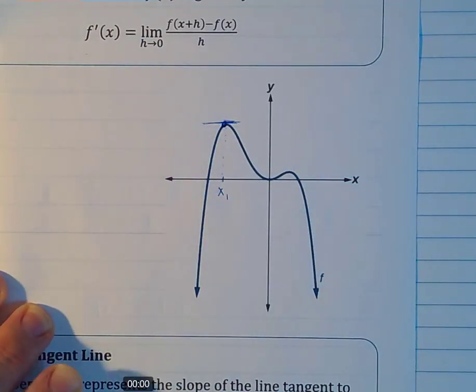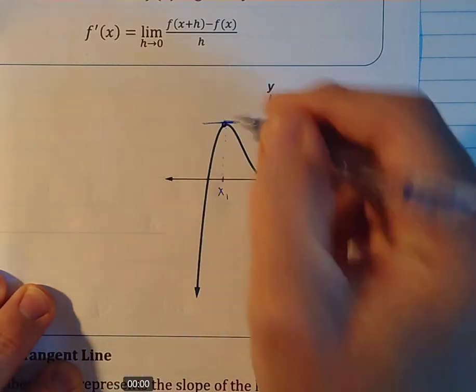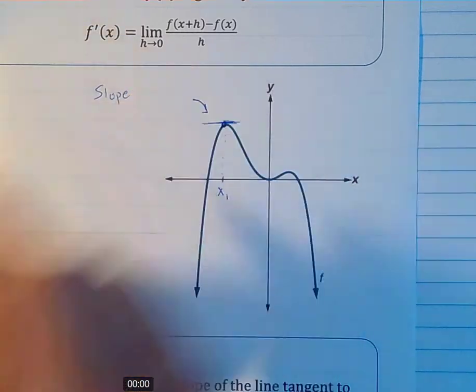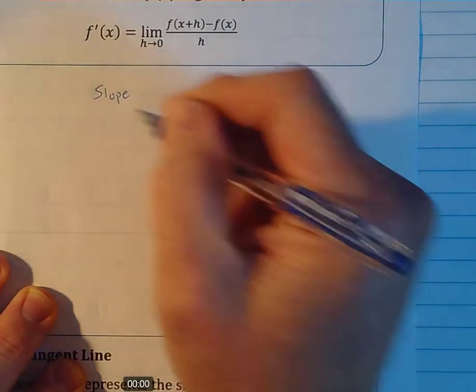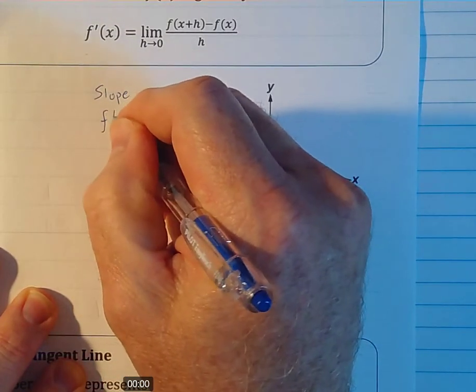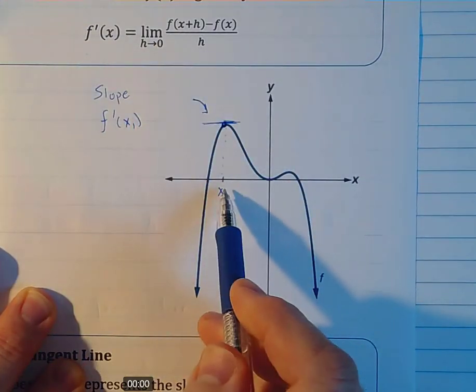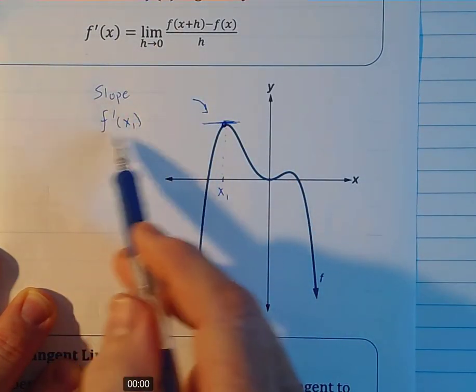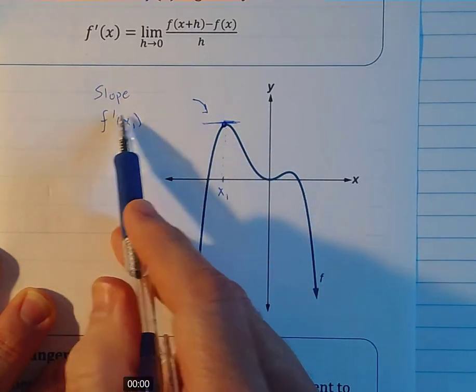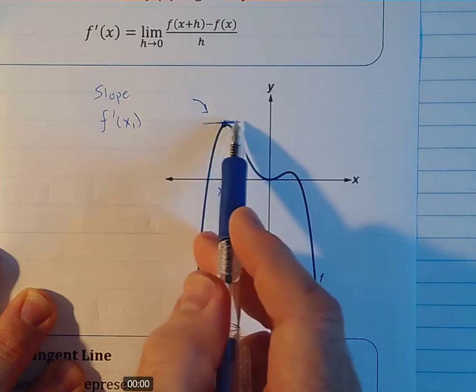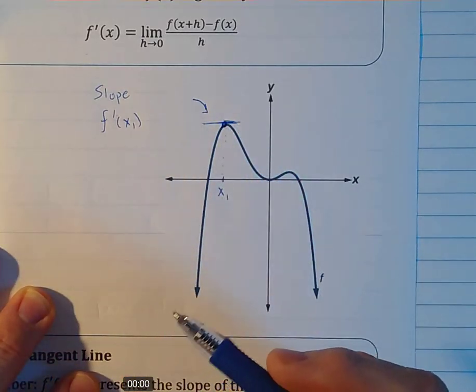The slope of this tangent line is the thing that we are finding when we find a derivative. And so this would be f prime of x1. Whatever number that is, and whatever this function f prime turns out to be, that would tell me the slope at that point right there. And it looks to me like this would end up being 0.